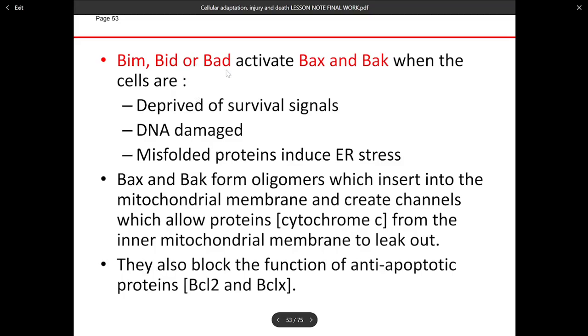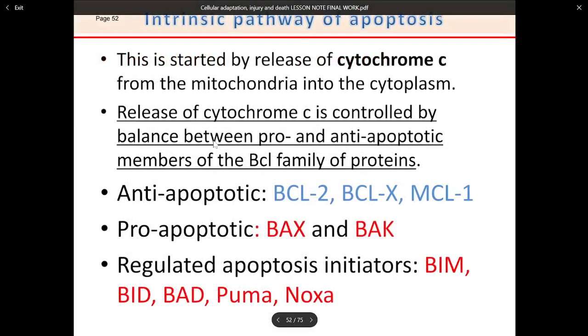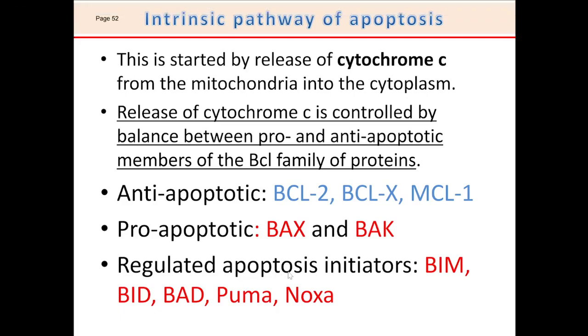BIM, BID, or BAD activate BAX and BAK when the cells are deprived of survival signals, or with DNA damage and misfolded protein inducing endoplasmic reticulum stress. Anyway, what this is saying is that BIM, BID, and BAD regulate the apoptosis initiators.